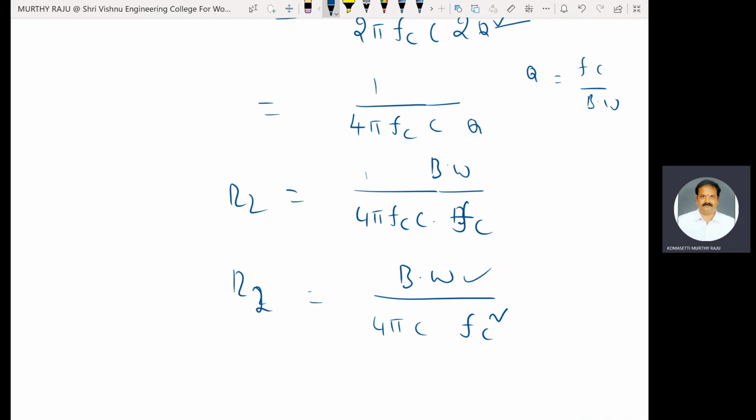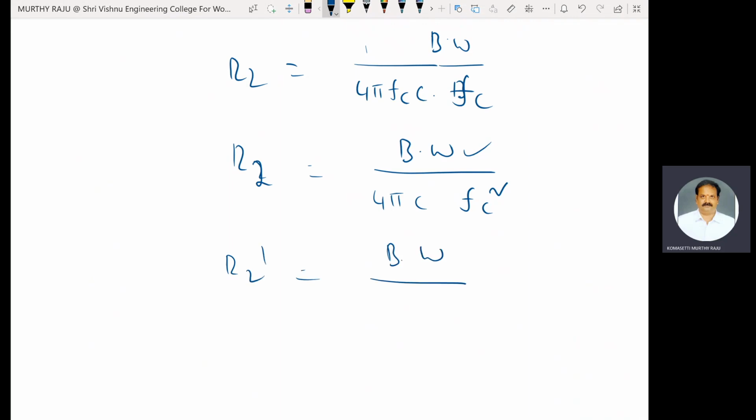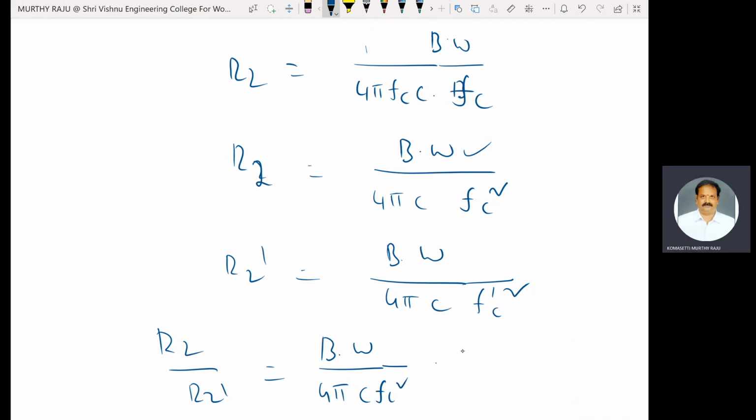Bandwidth is fixed and we calculate a new center frequency Fc dash. Therefore, R2 dash is equal to bandwidth by 4 pi C Fc dash square. Bandwidth is fixed, 4 pi is also fixed, C is initially designed. Ratio of these two, R2 by R2 dash is equal to bandwidth by 4 pi C Fc square into 4 pi C Fc dash square by bandwidth.